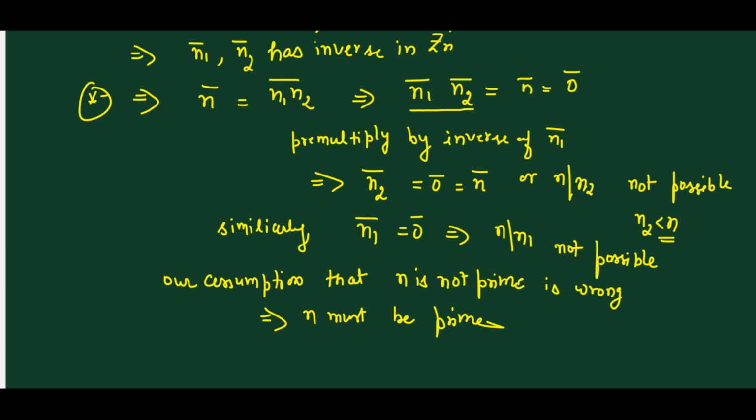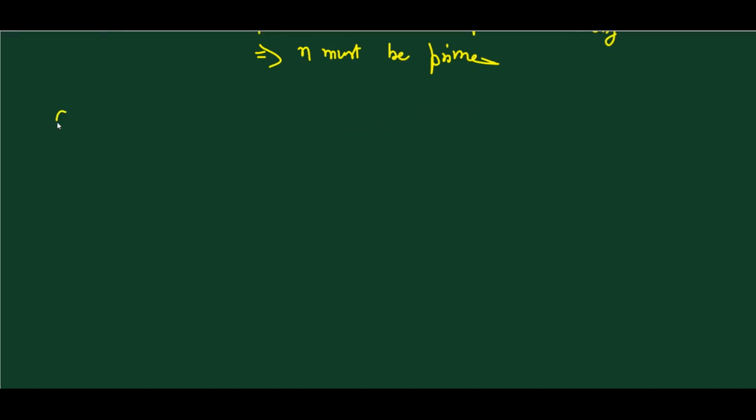Okay, so for the converse part, let's assume Zn is a ring and n is prime.